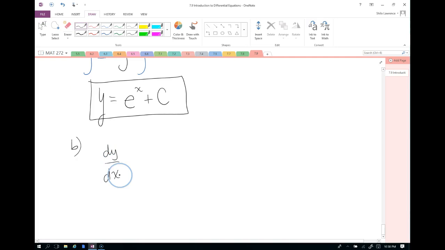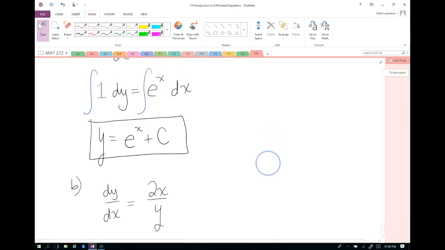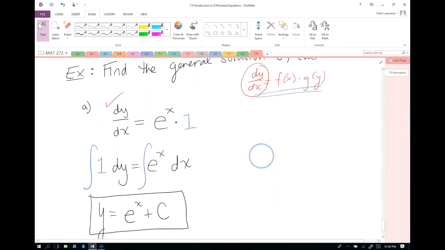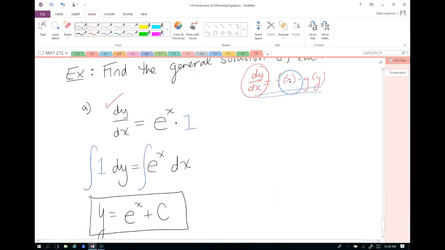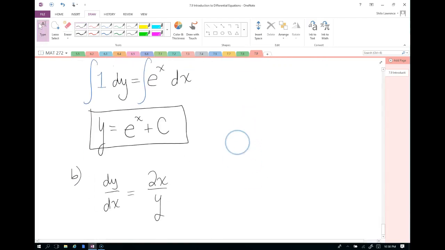So dy/dx equals 2x over y. dy/dx equals 2x over y. Now, if you remember our standard form to confirm that it's separable, it said we would have multiplication, and here we have division.